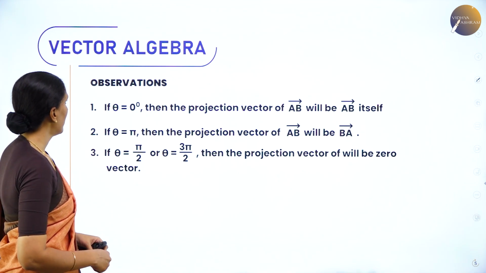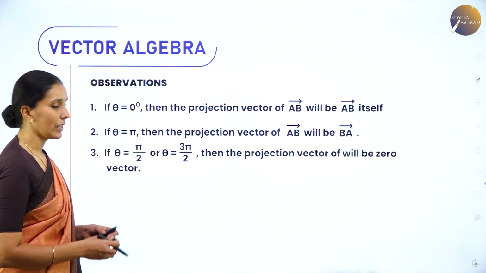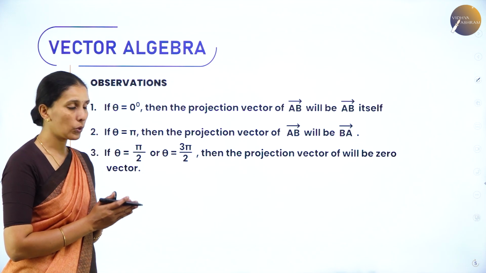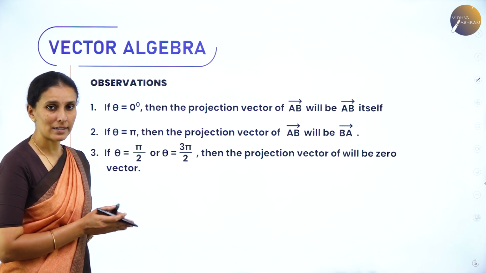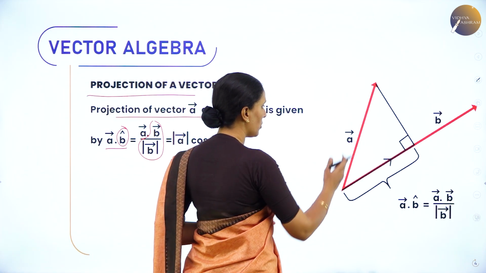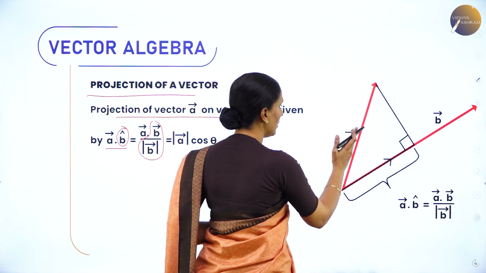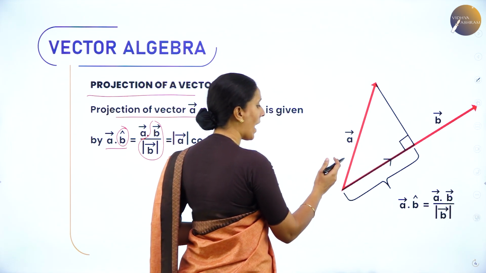Now let's take up some observations in this. If theta is equal to 0 degrees, that means there is no inclination between the two vectors, then the projection of vector A on B will be A itself. So if you consider this as A, the projection of this vector on the line will be the same because there is no angle between them.